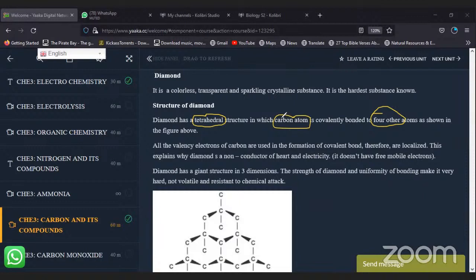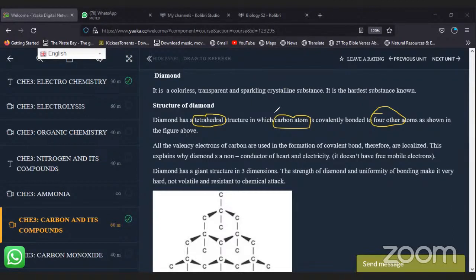Let's see, someone has typed here. Peter says no. What do the rest think? Is there a free electron in diamond? Hamira, what do you think? No. Okay, good job, Peter and Hamira.